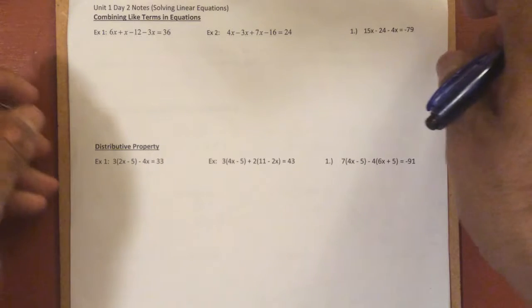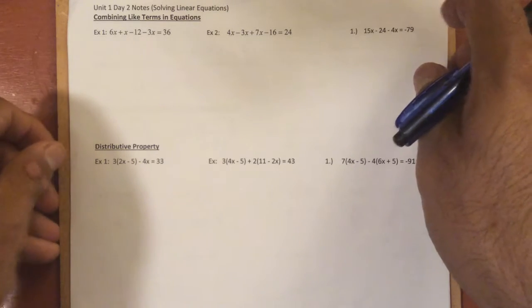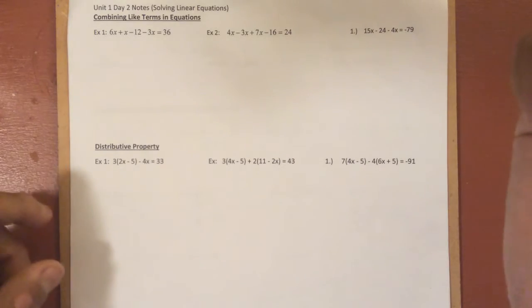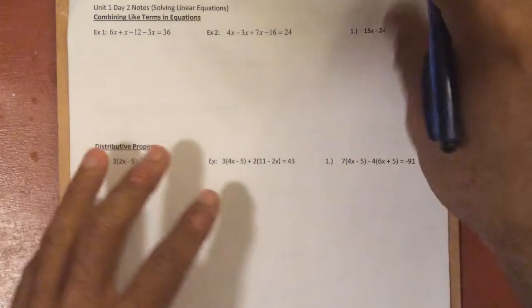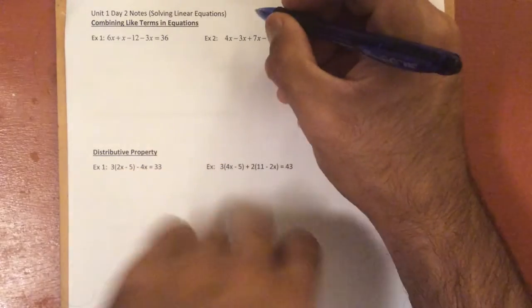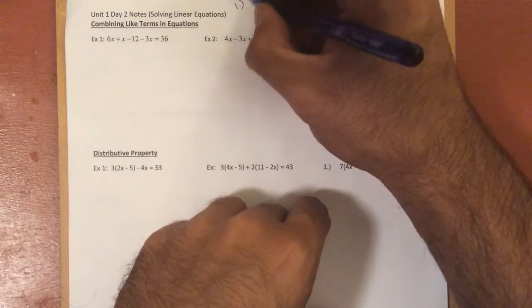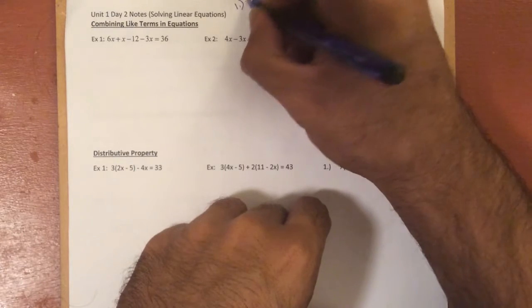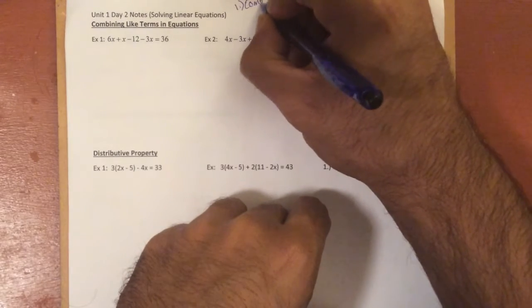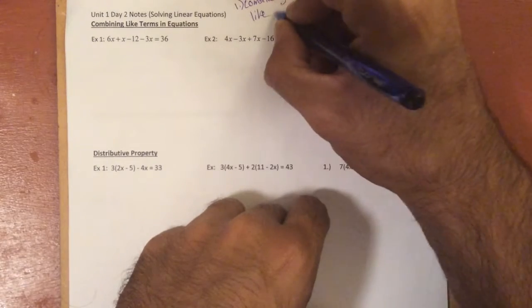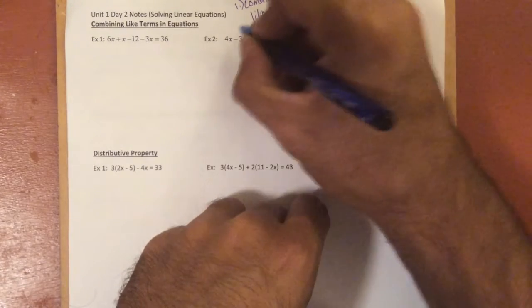Now, under the next section, we are going to be combining like terms in equations so we can be able to solve these equations. So let's add another step to this section. So step 1 is going to be combine your like terms.